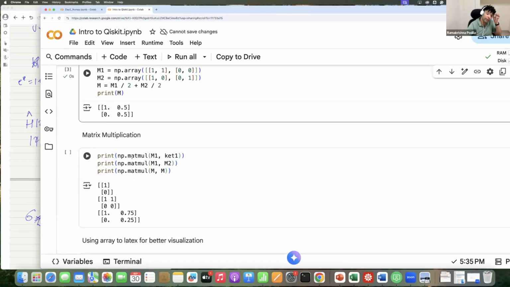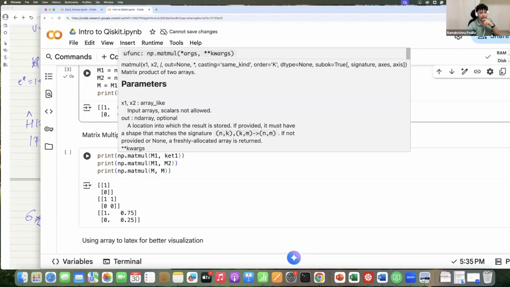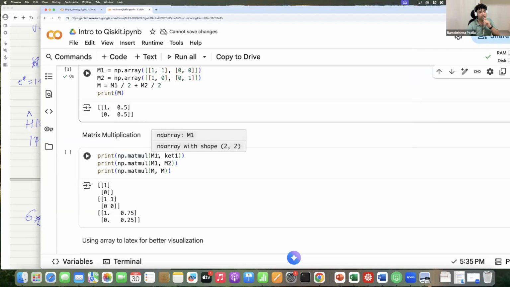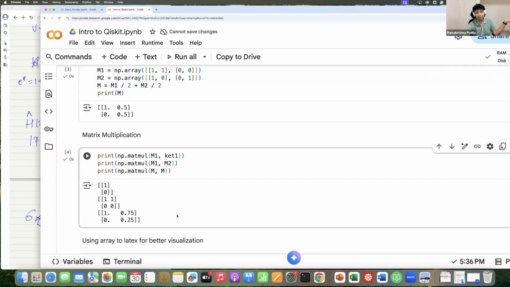When you do the matrix multiplication, it will tell you if the order is not correct. This M1 is like an operator, a 2 by 2 matrix, and this ket is a 2 by 1 matrix, and what we will get is a 2 by 1 ket as a result. So when I do M1 with ket 1, I get some result, and M1 with M2, a 2 by 2 times 2 by 2 matrix, I get 2 by 2. Simple matrix multiplication.